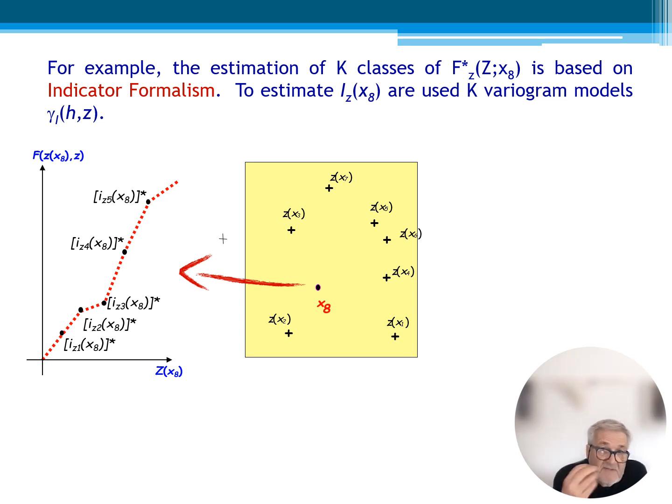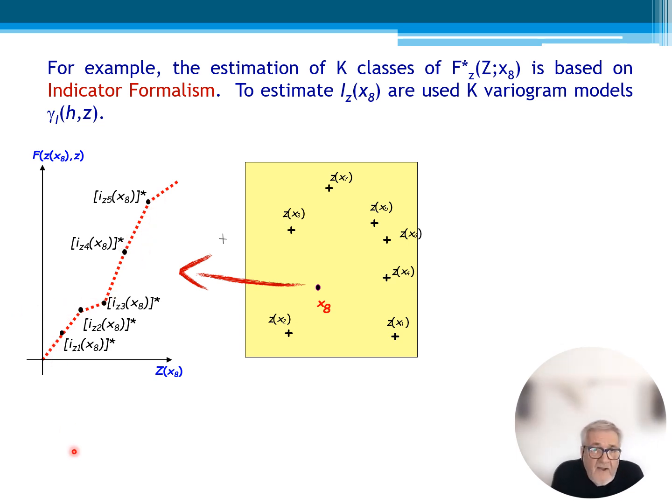This is how the indicator formalism works. In any location, we estimate the classes, for example, at a location x8 here, based on indicator formalism. To estimate each class, we have to calculate and model the variograms of each indicator. You create here, for example, 1, 2, 3, 4, 5 indicators.